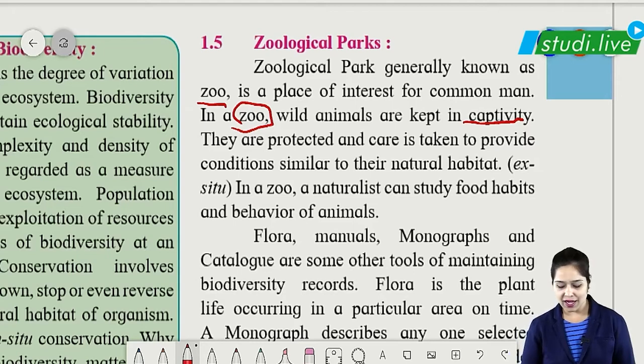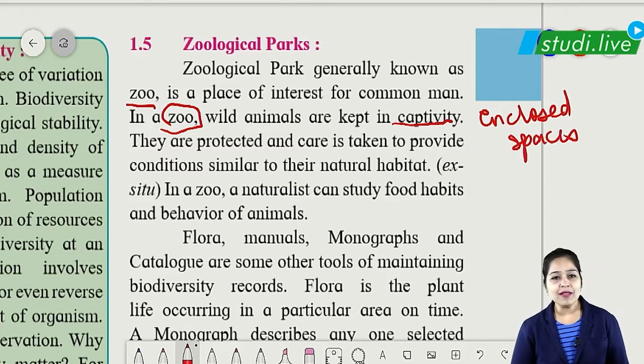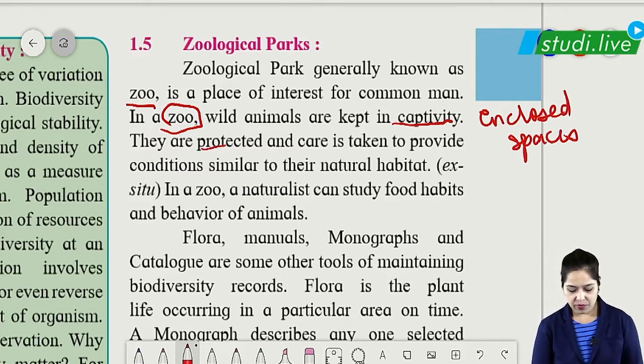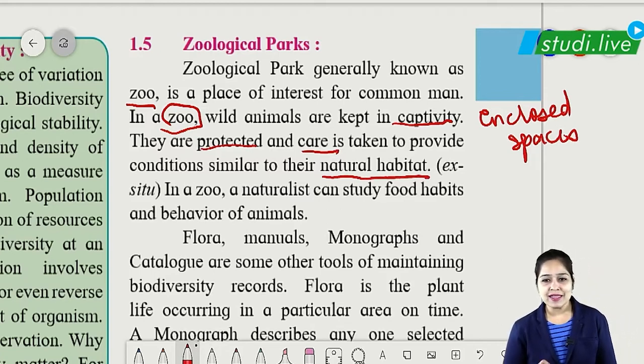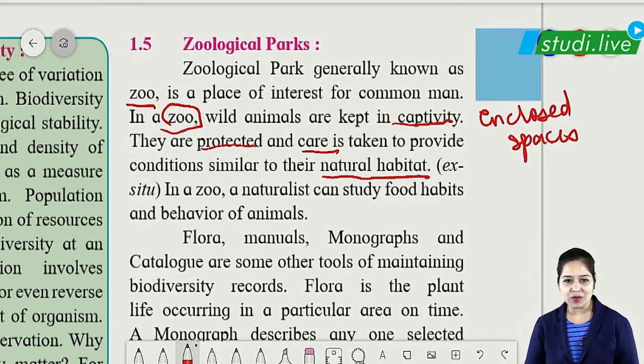In a zoo, the wild animals are kept in captivity. Captivity means enclosed space, which is nothing but cages. They are kept in cages. Why? They are protected and care is taken to provide them with conditions similar to their natural habitat, which means they are properly nourished, food is given, water is given, and they are protected from sunlight and any other adverse condition.